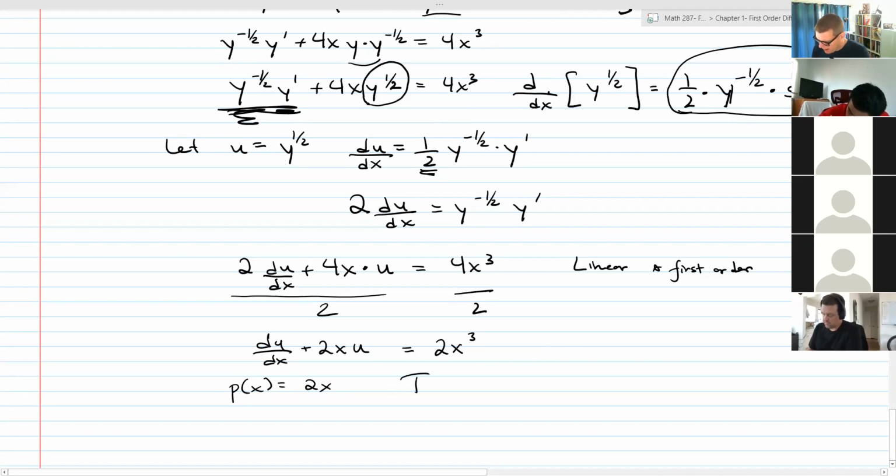So I of x, my integrating factor, is going to equal e to the integral of 2x dx, which equals e to the x squared.